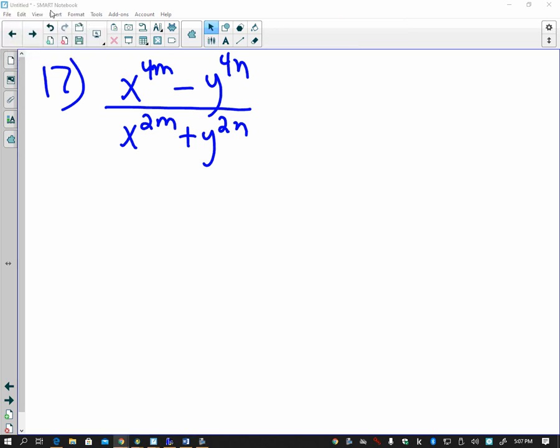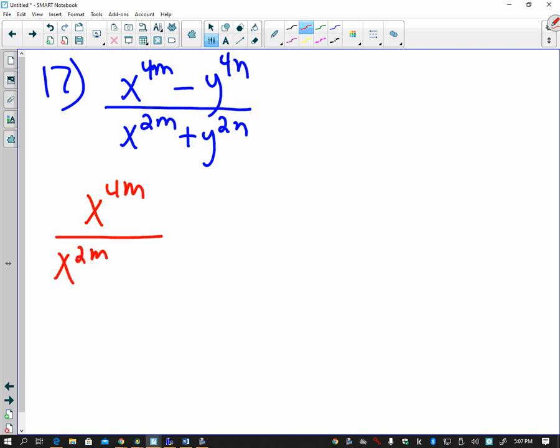All right, I'm going to have you do this differently. We'll see if I get the right answer out of this. What I would do with this is split the fraction. So x^(4m) over x^(2m), plus y^(2n). We'll see if we can do this. We may not be able to. Let's see.